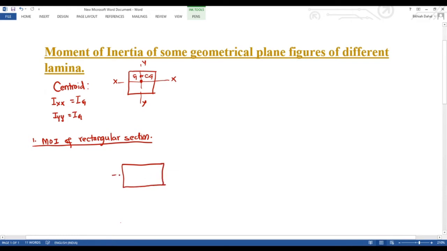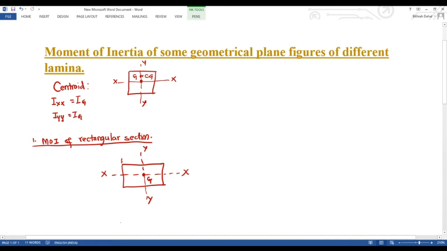Let us say that the x axis is running from here, and my y axis is running from here, and this point here is my centroid G.